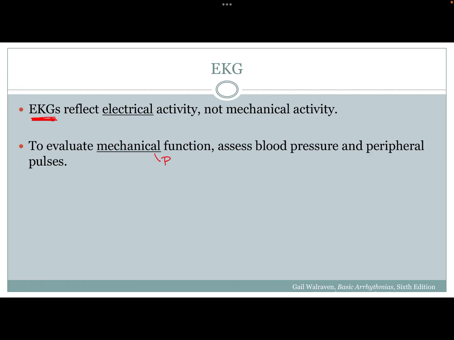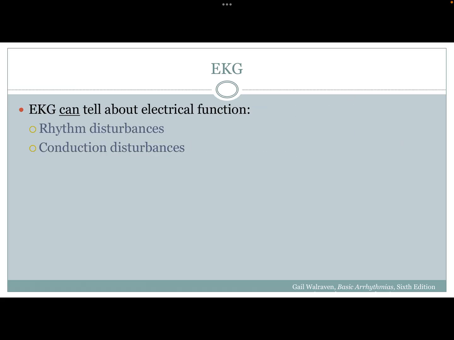Mechanical is about your pulse. Okay, are you producing a contraction? So you can have someone who has electricity traveling through, but it may not create a pulse. And that's where we talk about pulseless electrical activity, PEA, and we start talking about those different things.